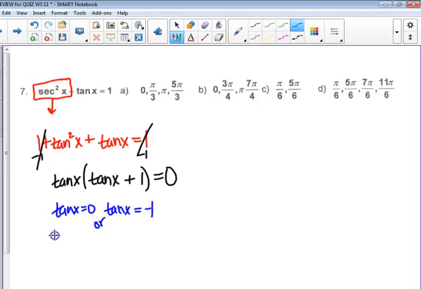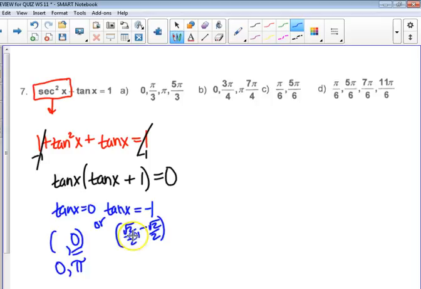Okay, so anything that has a y back here will have a tangent of 0. So that's true at 0 and pi, is that right? And we're looking for ordered pair maybe like this.